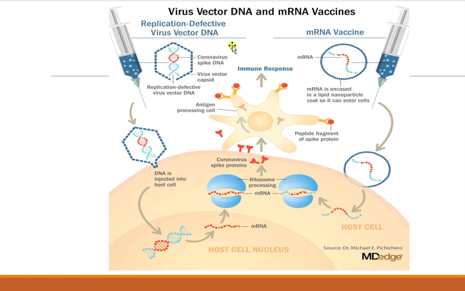So in the case of the Johnson & Johnson vaccine, which uses the concept of the vector DNA, this vector carries corona spike DNA in a virus vector. The vector is normally a virus that is not going to be able to multiply within the host.